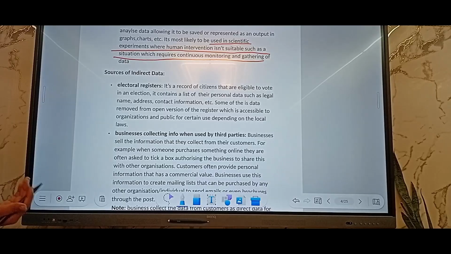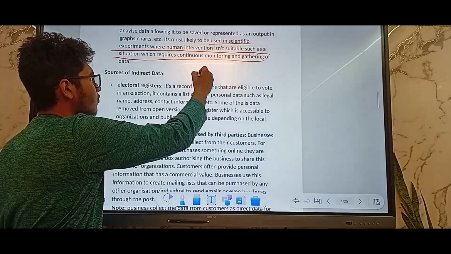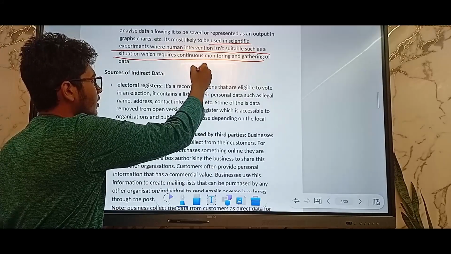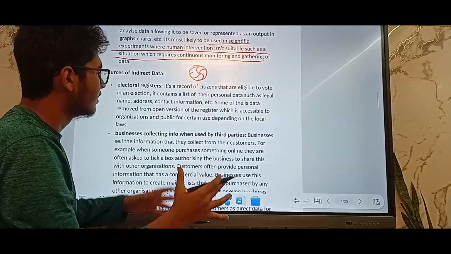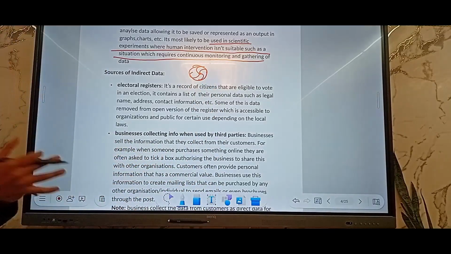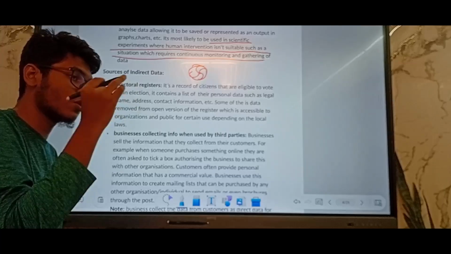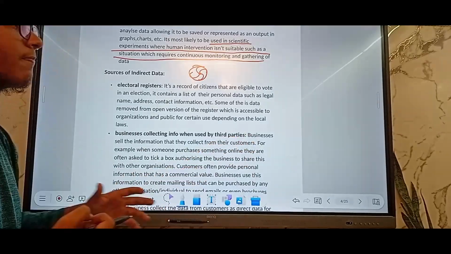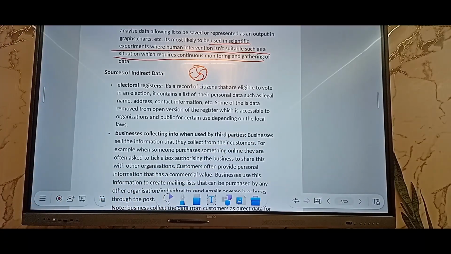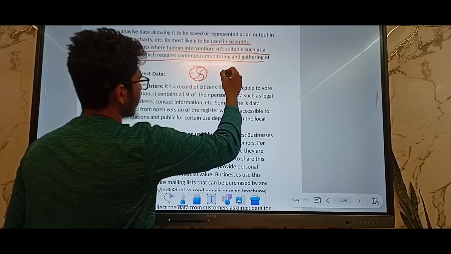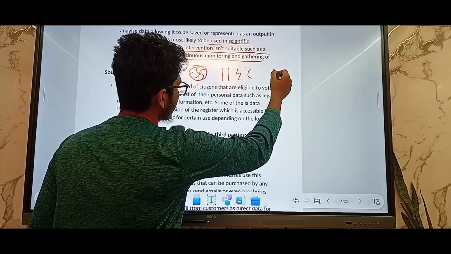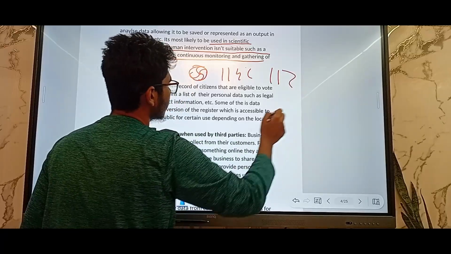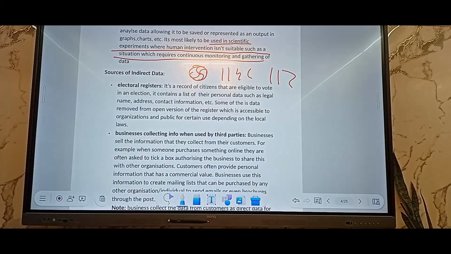So this can be a nuclear reactor. Basically you've got a type of nuclear reactor with chemicals where a human cannot be present, but you can put on sensors to data log the temperature. Maybe it's 114 degrees Celsius, right? Or maybe 112.